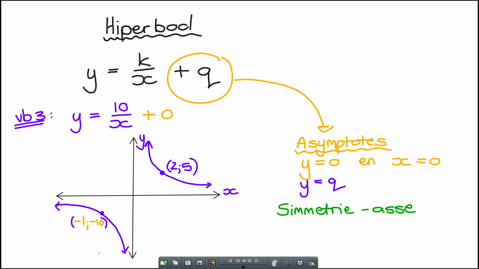Okay, now, yesterday we said we will have 2. Wie wil vir my raai? Hoeveel? I'll say y is equal to x en y is gelyk aan minus x. Mooi.